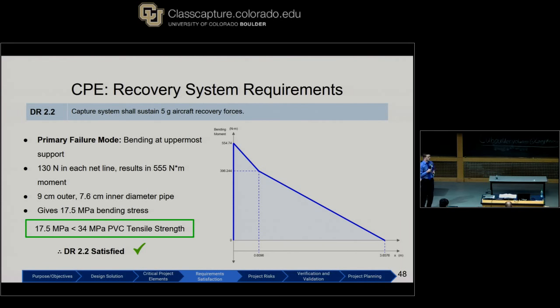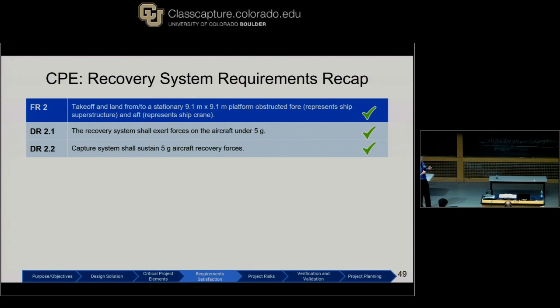With each of the lines holding 130 newtons, that gives us a 555 newton meter bending moment at the post, and our 9 centimeter outer, 7.6 centimeter inner diameter PVC pipe gives us a 17.5 MPa bending stress, which is less than the 34 MPa allowable for the tensile strength of PVC, satisfying derived requirement 2.2. So in conclusion, the recovery system has also satisfied functional requirement 2 and its associated derived requirements.